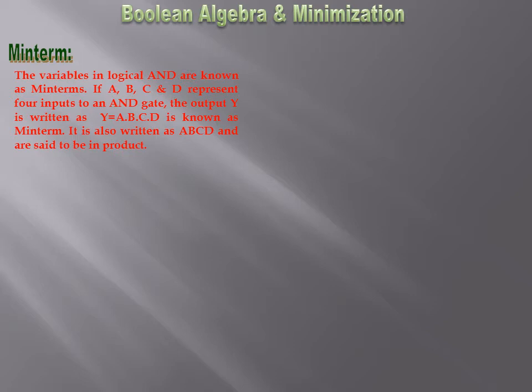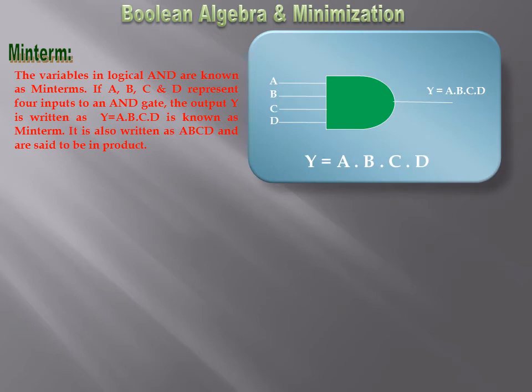If A, B, C, D are four inputs to an AND gate, the output Y is written as Y equal to A and B and C and D, that is ABCD. This is known as a minterm. The variables in AND are called minterms, or we say sometimes products.